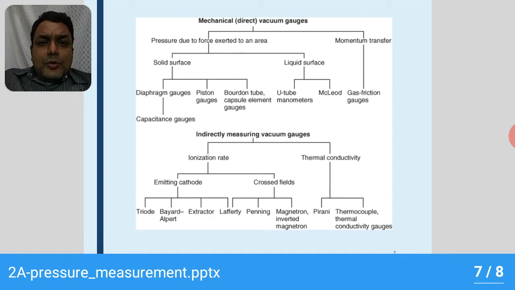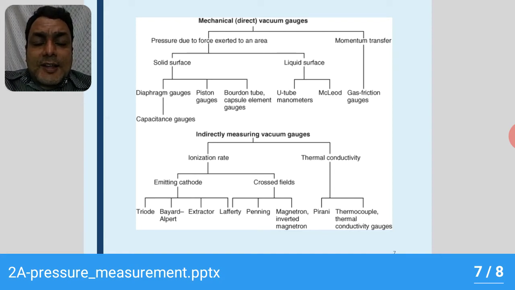Now, as we know, there are different types of pressure. Hence, we need different types of instruments to measure those pressure ranges. So, you can see the classification of pressure measuring instruments. You can see on the screen mechanical direct vacuum gauges, that is pressure due to force exerted on an area, that is solid surface and liquid surface.